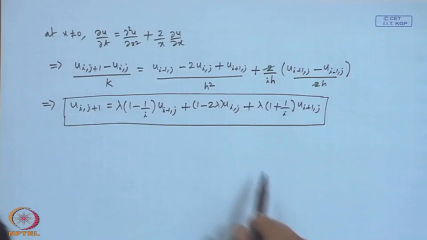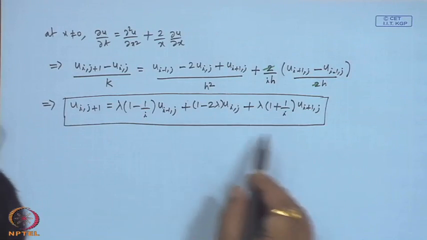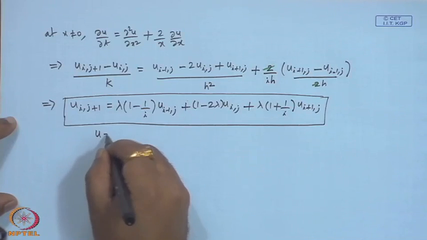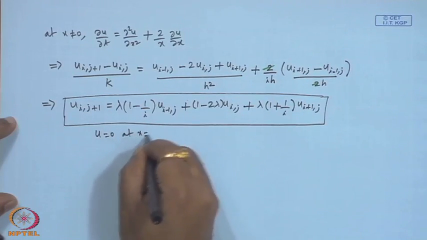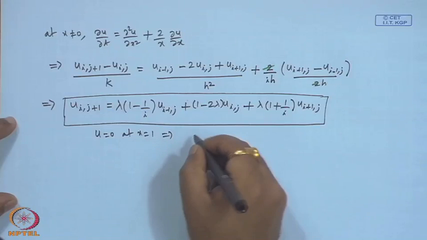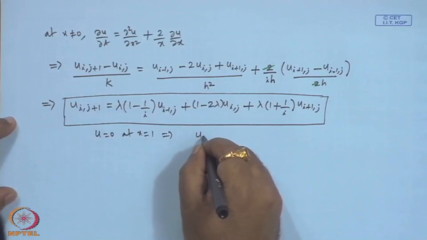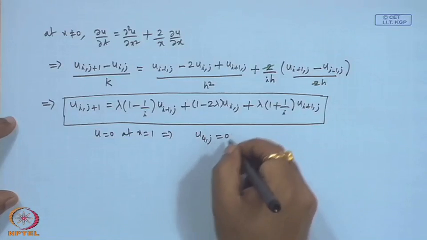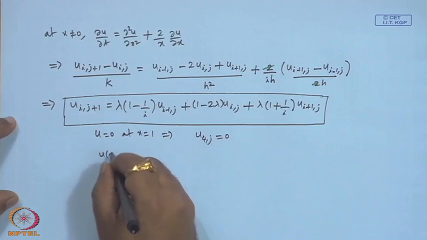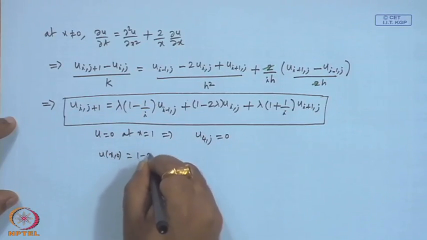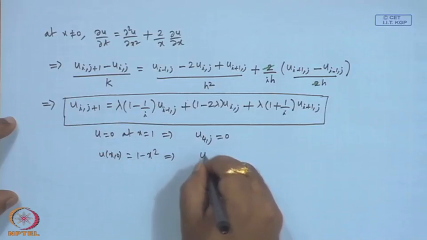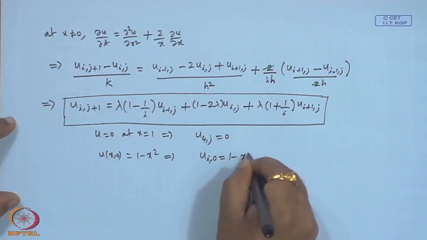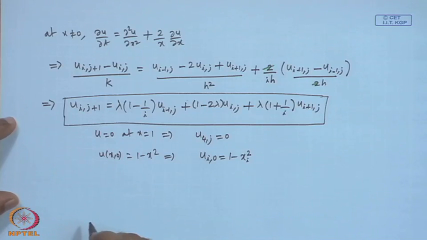Okay. So, we have this, then u equals to 0 at x equals to 1, this implies u 4 j equals to 0 and u of x 0 is 1 minus x square, this implies u I 0 is, okay.